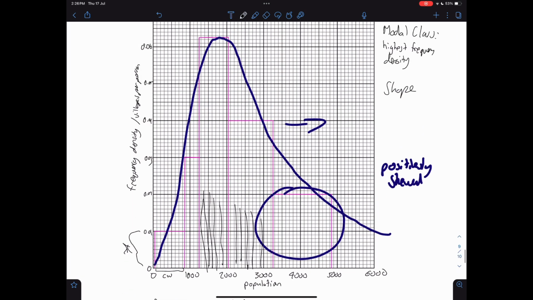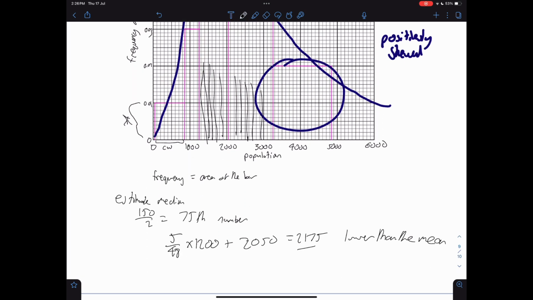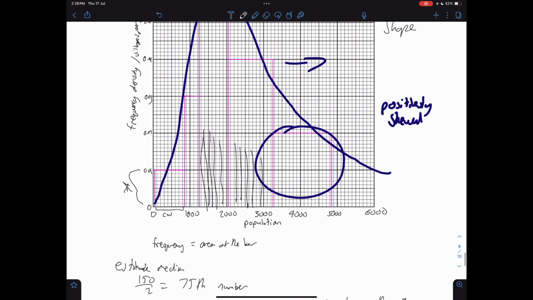You could also be asked to do things like, okay, if I estimate the proportion or number of values below a certain value or the reverse, they could say that 30% of the values lie below K. Find K. That sort of stuff. It's all the same thing. You just make that same assumption that all the values are evenly distributed within each interval. In a future video, we will go through lots of these practice questions.